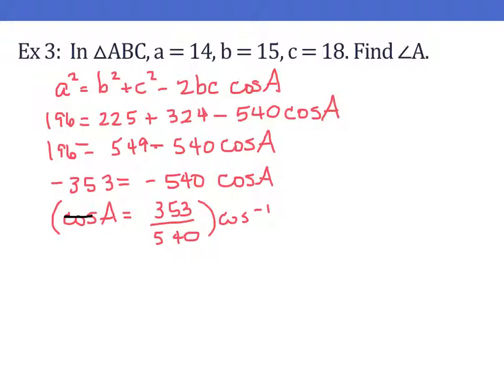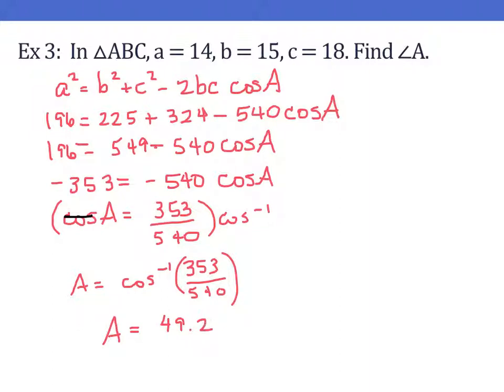We're going to keep that. So we'll have A equals cosine inverse of 353 divided by 540. It's very important that you put that entire thing in parentheses. And what this gives us is A equals 49.2 degrees.